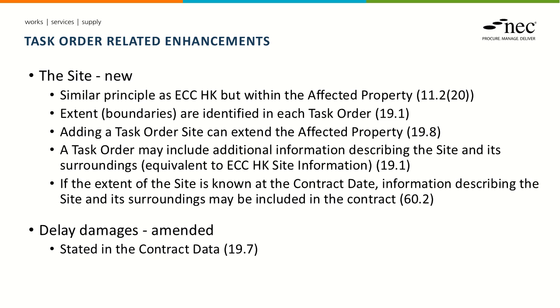There may already, of course, be some of that information within the contract. That would be information describing the affected property. So that would form part of the affected property information. But depending on the task order, there may be further information that we want to add to that in terms of describing the existing conditions of the site and its surroundings.